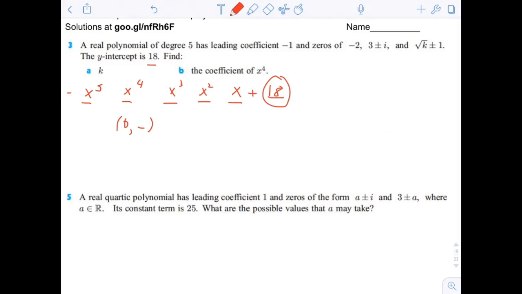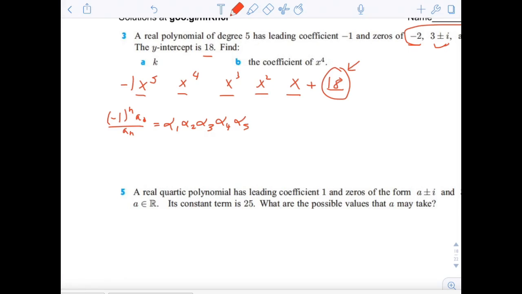We also know that the leading coefficient is -1, and we know the zeros: 1, 2, 3, 4, 5 zeros. They give us all the zeros, and we just don't know what k is. We can figure out k, because if we multiply all of these zeros together, we're going to get basically 18. The actual rule is this: if we take 18 and divide it by -1 and multiply it by -1 to the fifth power, then we will get all the roots multiplied together.